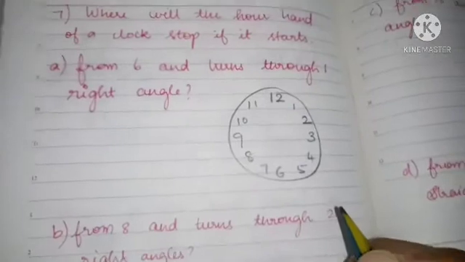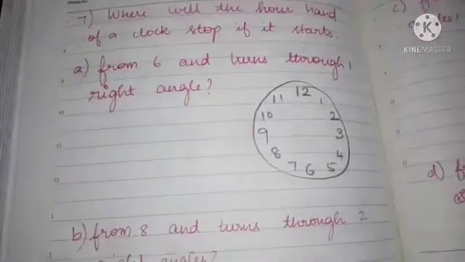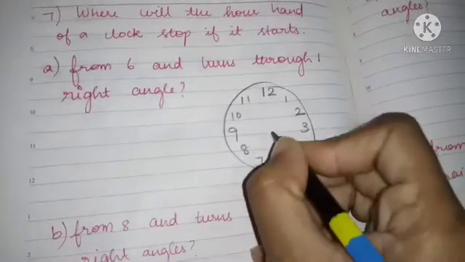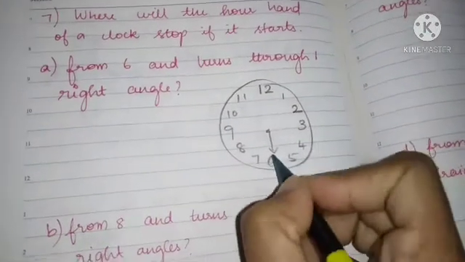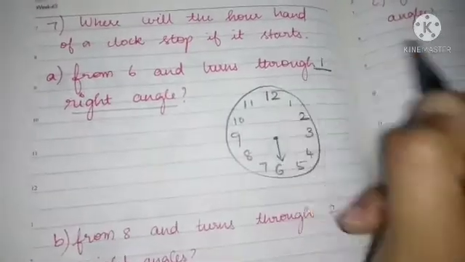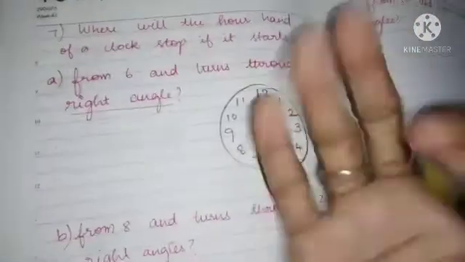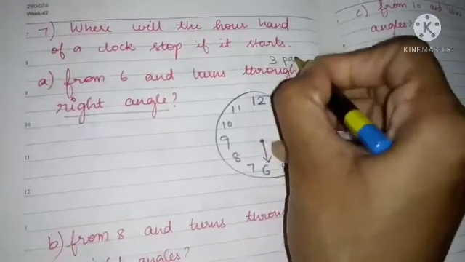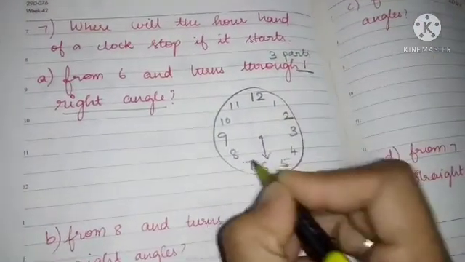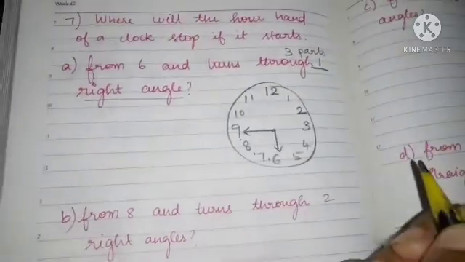They are asking at what time it will stop when you are starting from 6. So, the starting point is 6 and you should turn through one right angle. One right angle means how many parts should you travel? 3 parts. So 1, 2, 3. So you will reach 9.